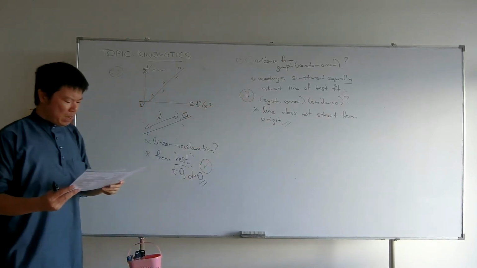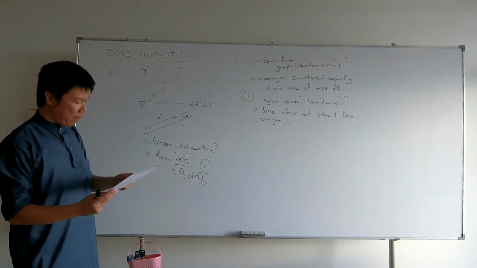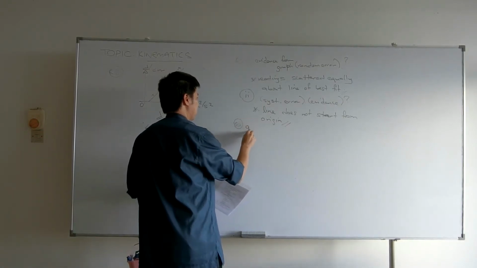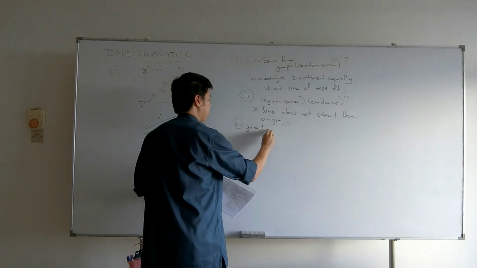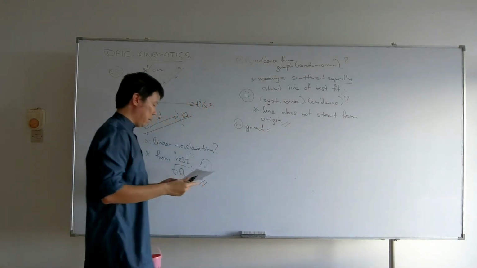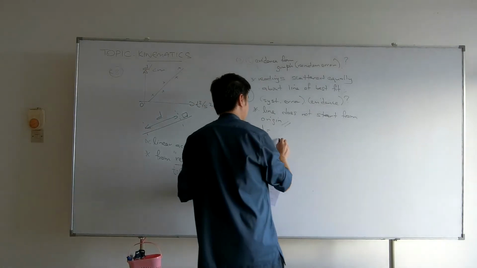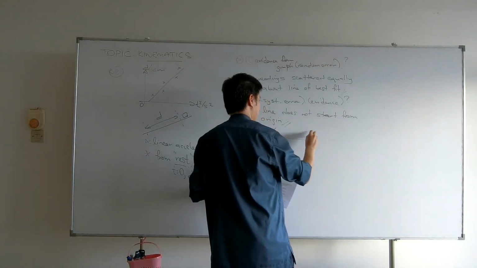The next one, B, determine the gradient of the line of the graph. So next one is gradient. So please take a paper and find your gradient.